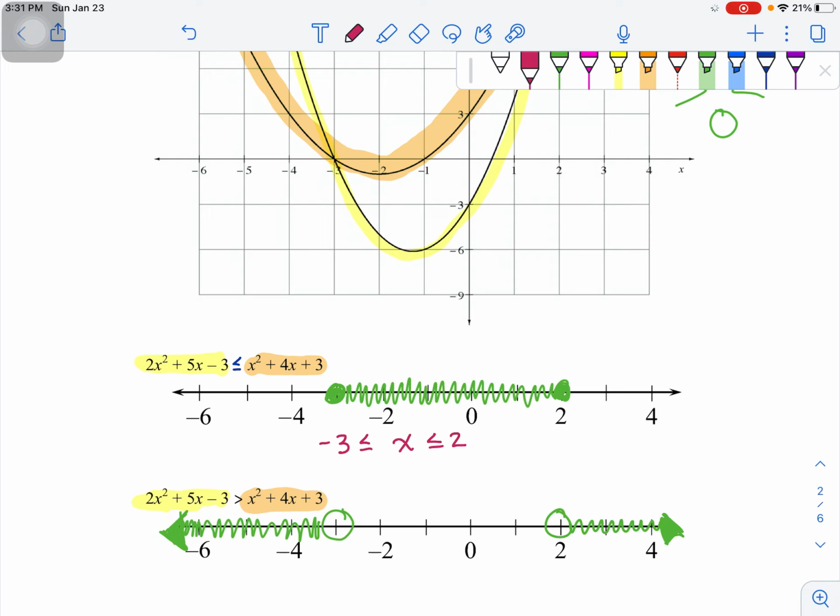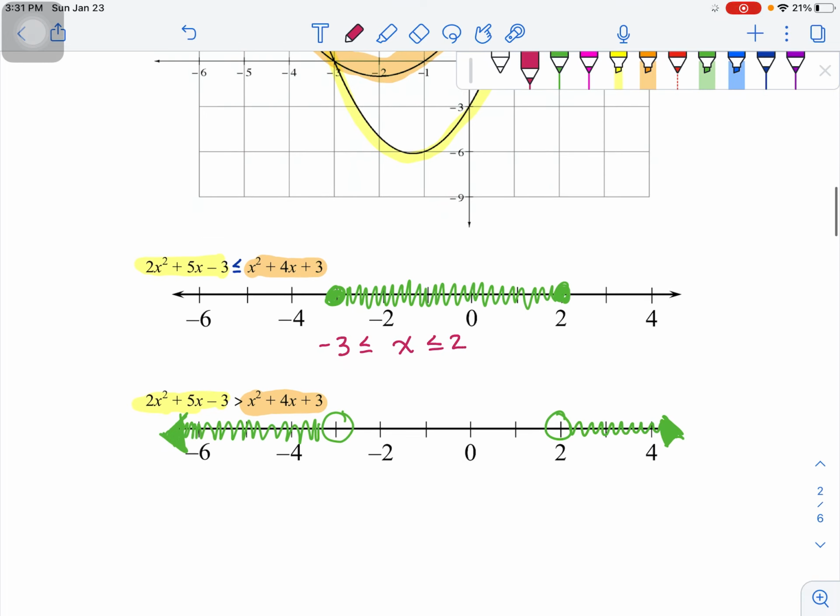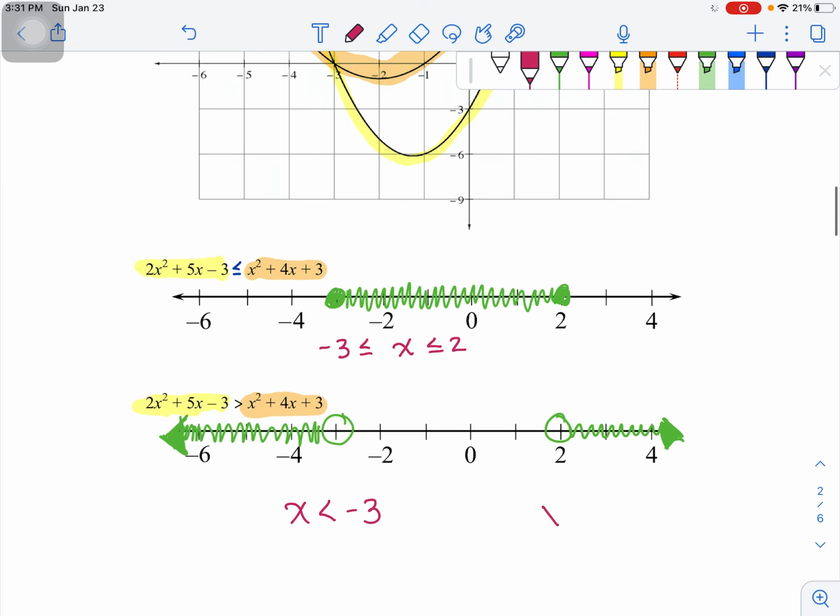When they're shooting outward, like one's going one way, one's going the other way, that's an OR graph. So it's x less than -3 or x greater than 2. And notice that this arrow kind of matches. It kind of tells you what you want to write. Okay. Same thing over here. It starts at 2. So x is greater than 2 and it shoots to the right.